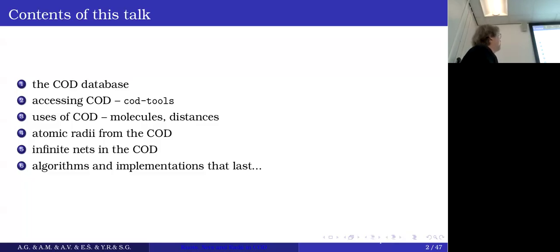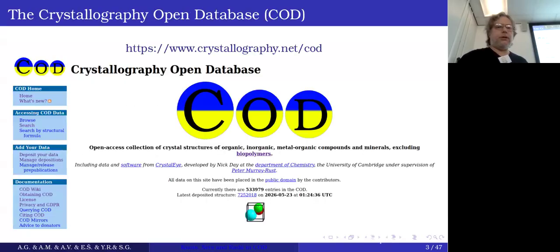Then I will discuss what we're doing on nets and knots, and then I will talk a little bit about how I imagine scientific software could be written and used as a way of communicating science, not only just doing some calculations. So let's start on the first part.